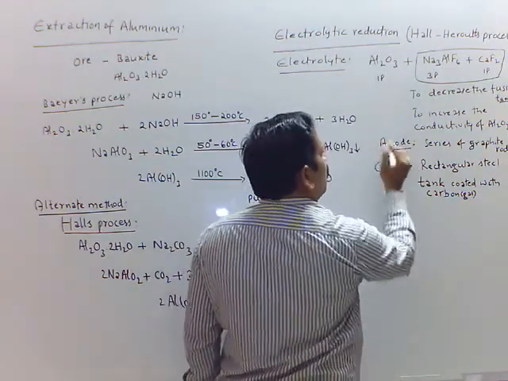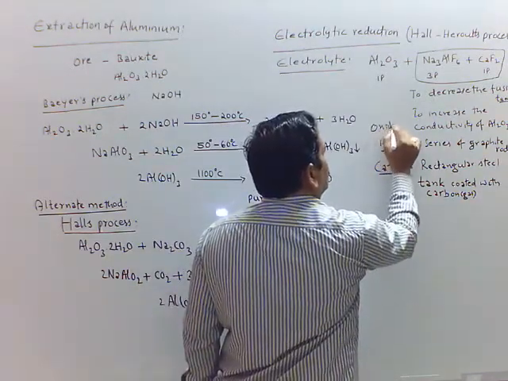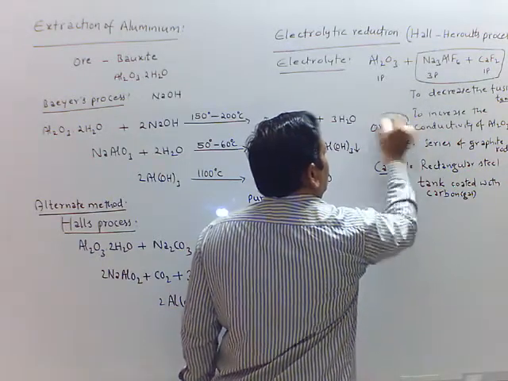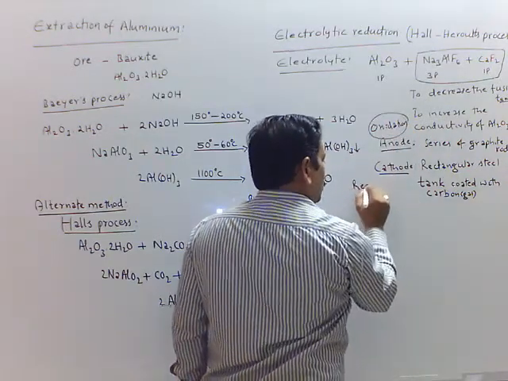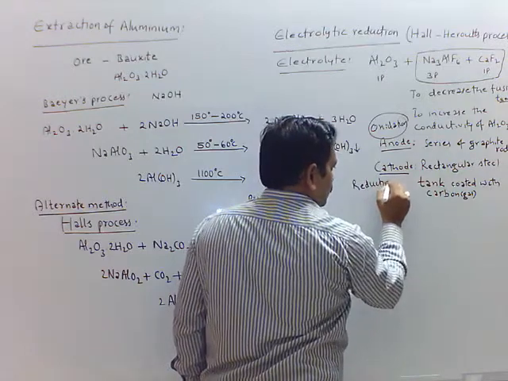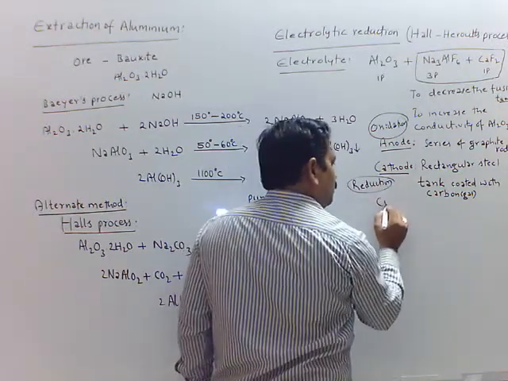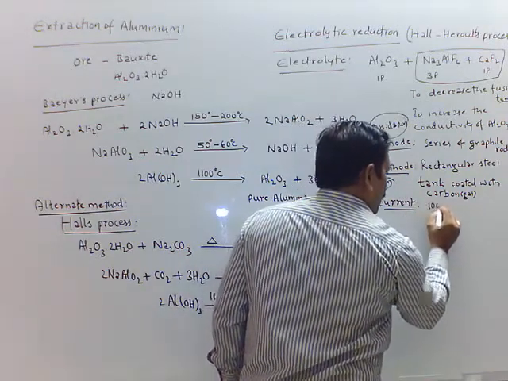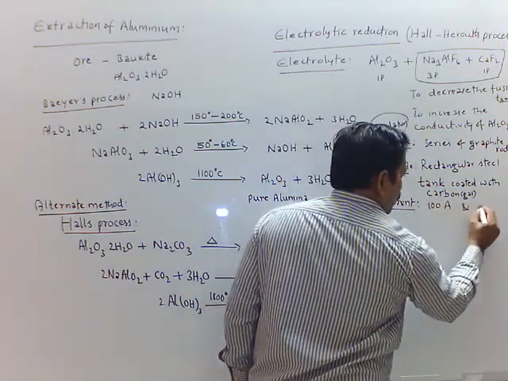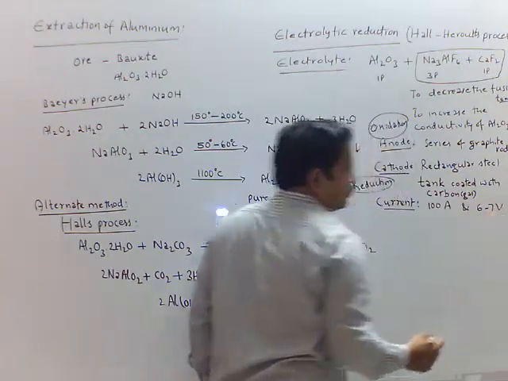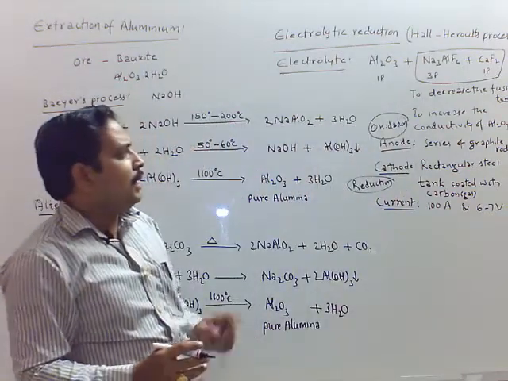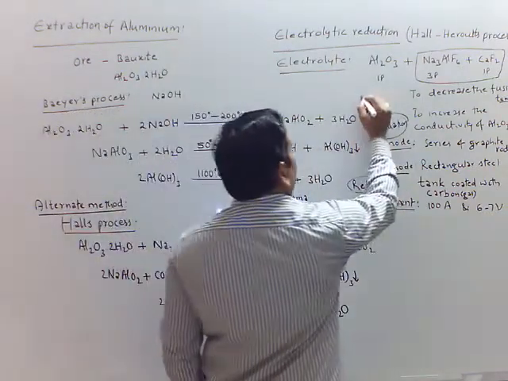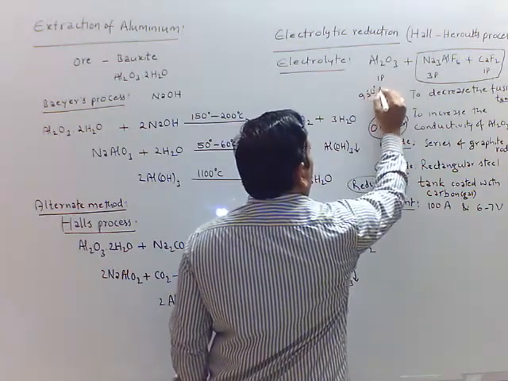We know at the anode oxidation takes place and at the cathode reduction takes place. Here the current we are using is 100 amperes, the voltage is 6 to 7 volts, and the temperature is about 950 degrees Celsius.